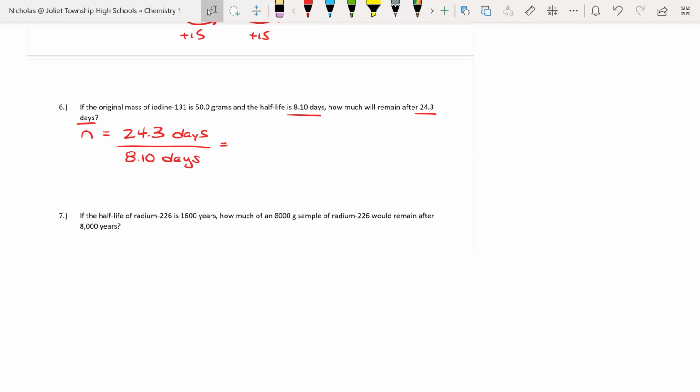So on my calculator, I'm going to do 24.3 divided by 8.10, and that gives me an n value of 3. So my half-life equation, N_0, my starting amount is 50 grams times 1/2 to the n, which is 3. So on my calculator, I'm going to do 50 times 1/2 to the 3rd, which is 6.25.